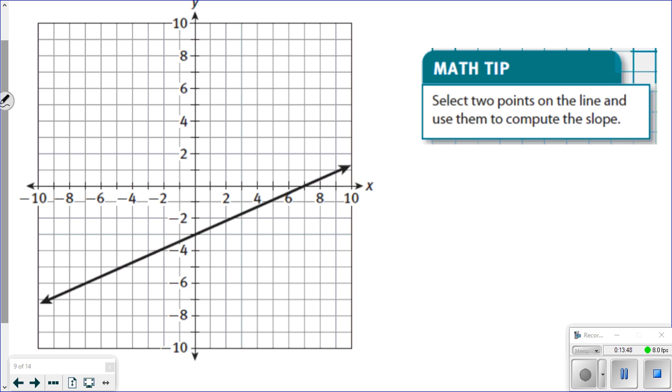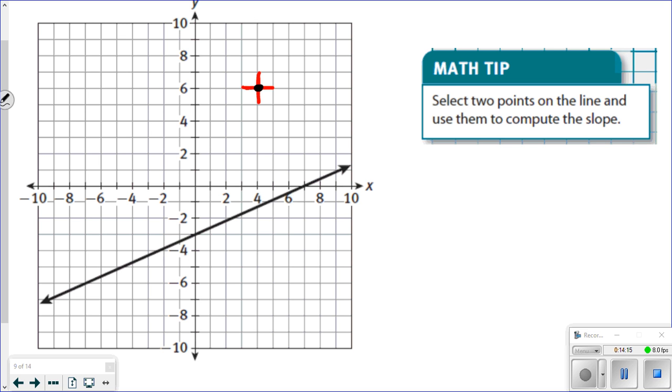The math tip box says select 2 points. Now, here's how you find your 2 points. You want to find a point that occurs at a good intersection between an x and a y, on these little tick marks on your lines. If I was aiming for the bullseye, it would be right in the center.